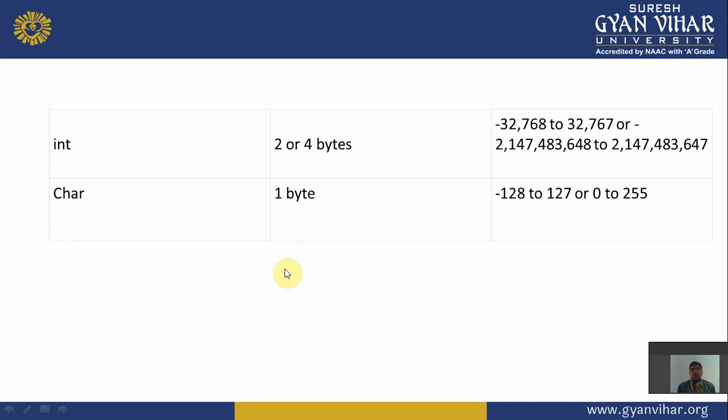When you want to store one character at a time, it takes 1 byte in memory. The range of character is minus 128 to 127, and if unsigned, then 0 to 255. It depends on the IDE and the advanced language and previous language.